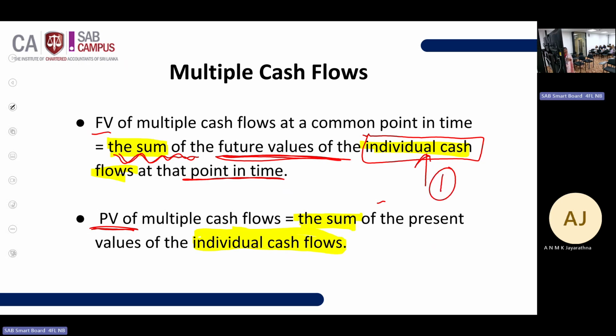Or if it is regarding present values, identify individual present values and then take the total of it. That's the second point. I will explain this with the given question. Don't worry.